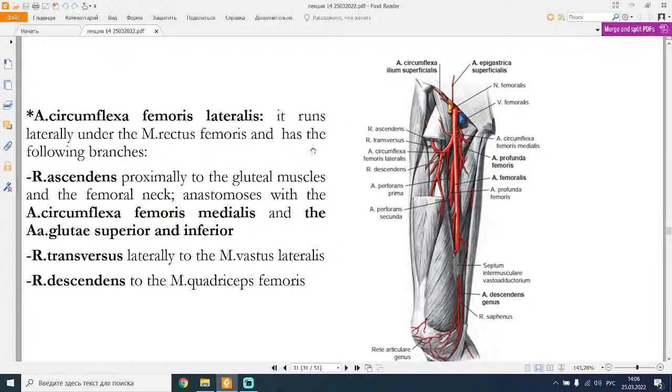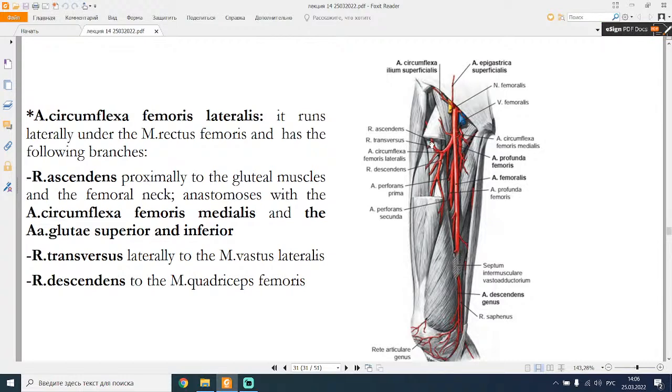Arteria circumflexa femoris lateralis runs laterally under the musculus rectus femoris and has the following branches.